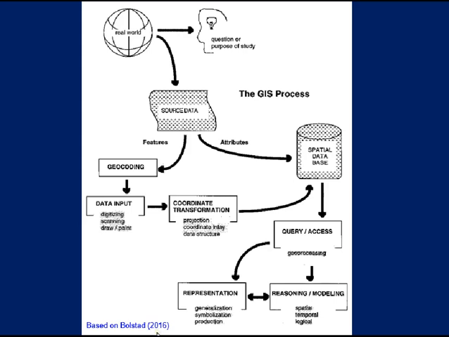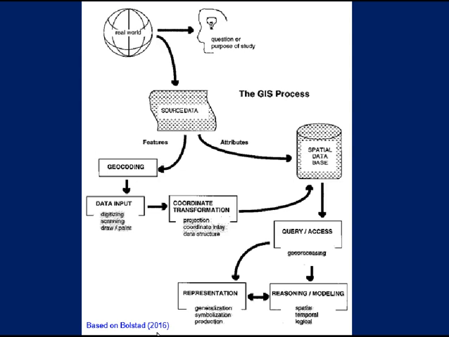Once we have the features that we're interested in geocoding, we'll do data input. Depending on the feature we're looking at, we might have to digitize it by using a surveying technique or some other technique. Or if it's a bank that has an address, we can use a geocoding program to change that into longitude and latitude.